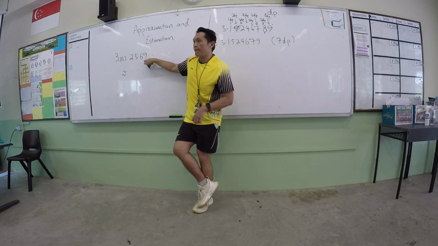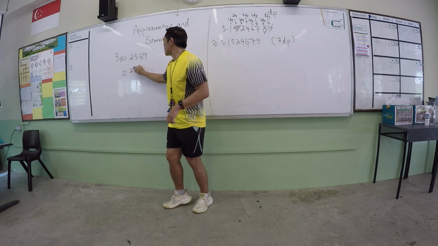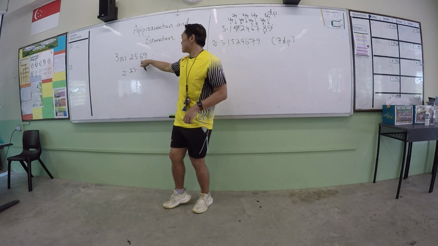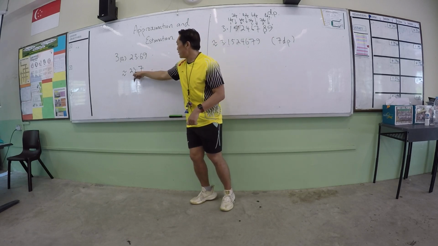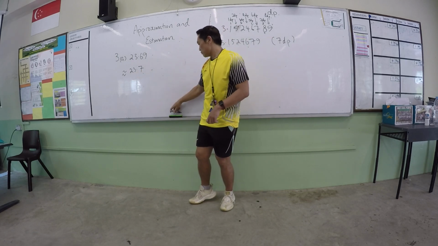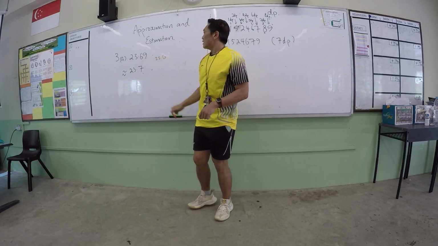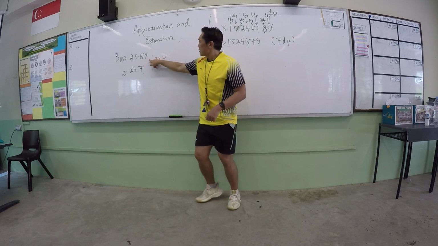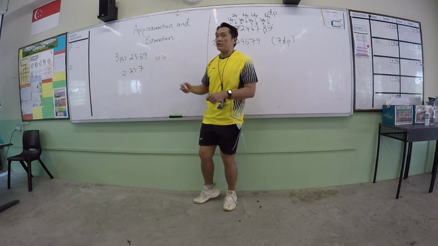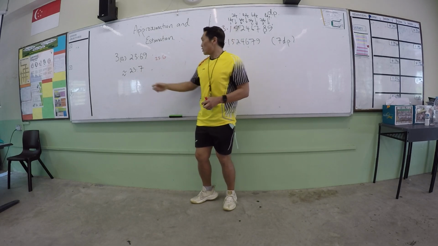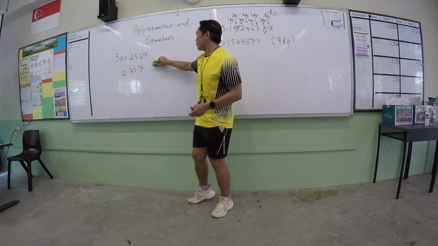Since this is 9, that means 23.69 is closer to 23.7 than if we don't round up, it is 23.6. But right now, because this is 9, this original number is closer to 23.7 and not 23.6. So we have to give the answer as 23.7. We have to round up the 1 decimal place.